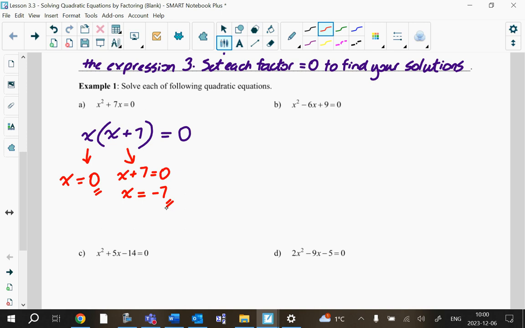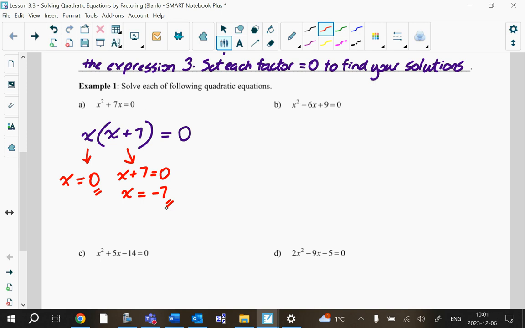Negative 7 squared is positive 49. 7 times negative 7 is negative 49, and 49 minus 49 is 0, which means this also works. So you see that with these quadratic equations, a lot of the time we're getting two answers now, whereas in grade 9 and grade 10, when we were solving linear equations, we only got one answer.